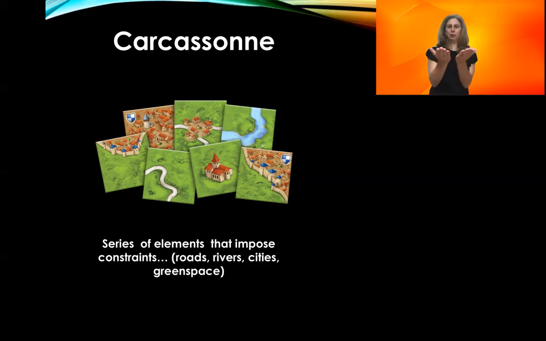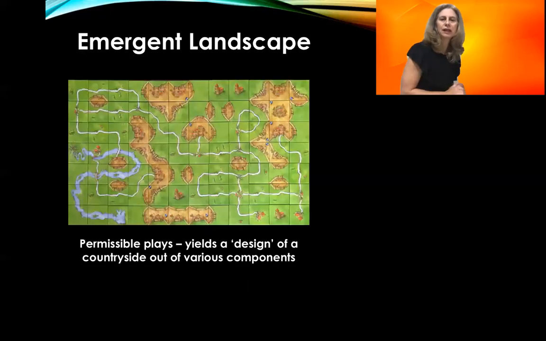The tiles have to become unified as they merge and create a coherent landscape, and we'll see what that looks like. So here's an example of a landscape that is created by these step-by-step procedures of placing these tiles in a way where you're abiding by the inherent rules of the tiles. And there aren't that many rules, just roads are matching with roads, cities match with cities.